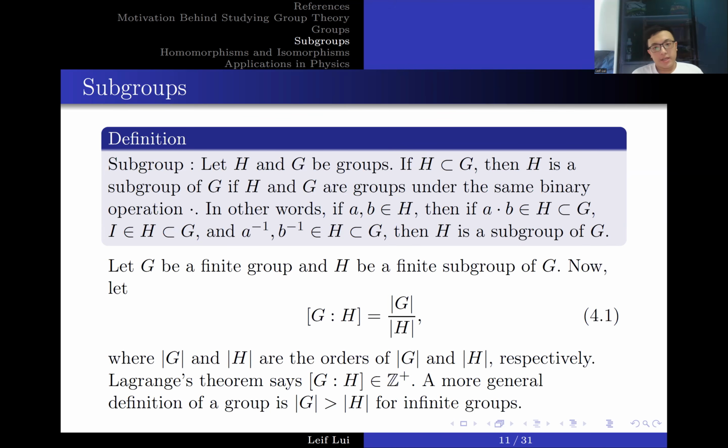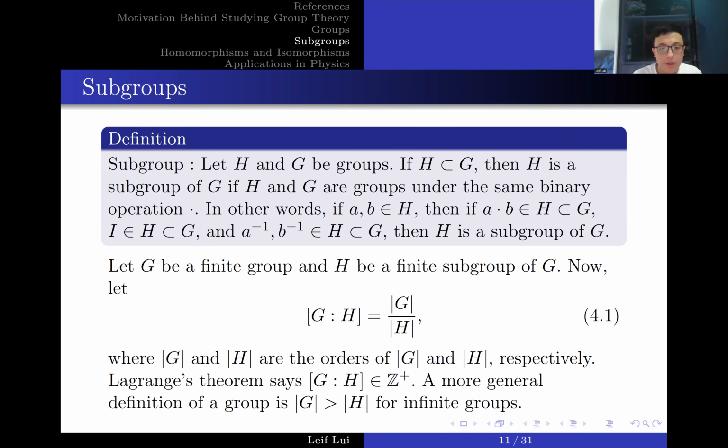Now, basically we don't need to check this, but another property of subgroups is this: let G be a finite group and let H be a finite subgroup of G. Let this quantity be the ratio between the orders of G and H. The order is basically the number of elements in that particular group.